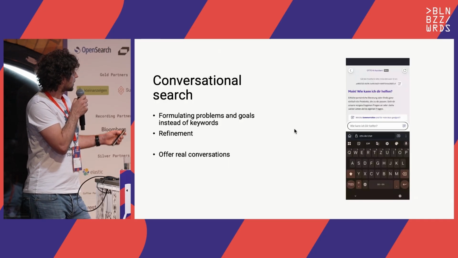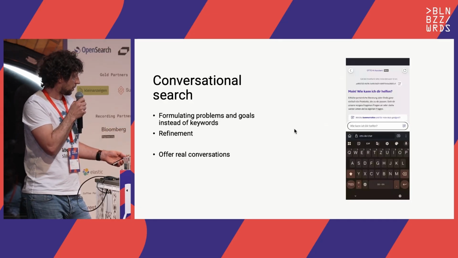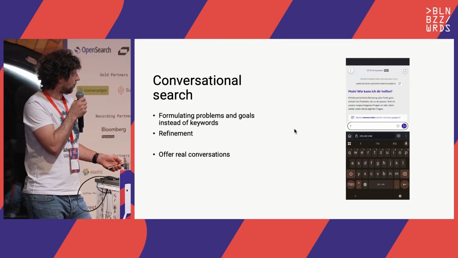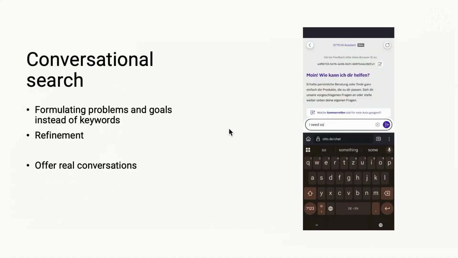This is a somewhat conversational search with bigger space and a channel back. And there you can see I've written something: I need something for my, I think it was camping trip. But I refined it and said, well, I have a tent already.